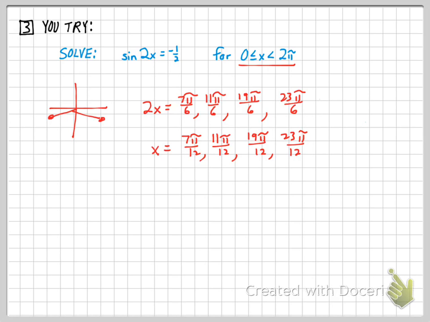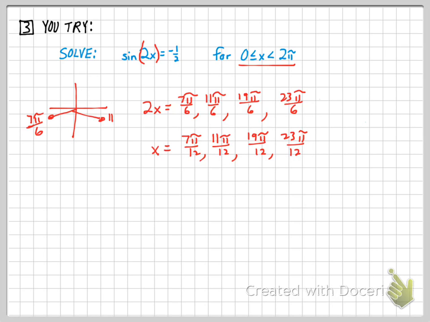Hopefully you were initially thinking about the solutions for 2x. There are angles whose sine is negative 1/2, and those would be 7 pi over 6 and 11 pi over 6.